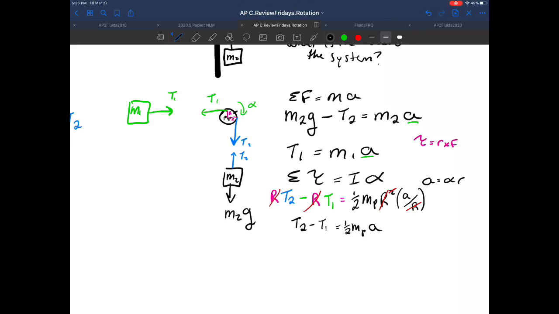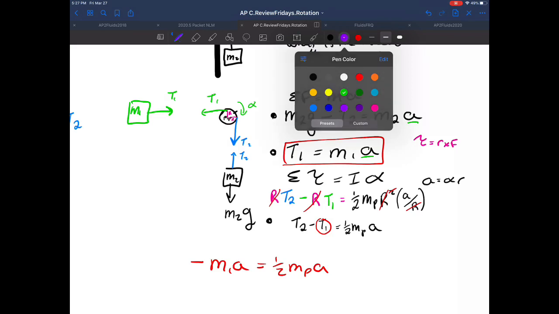And you'll notice that almost looks like a force expression, right? So now we have three equations, 1, 2, 3. Units make sense for both. So we can go ahead and solve this any way we like to find A. My suggestion is to solve for T1, T2, and sub it in. So we'll put in T1, and then we can go ahead and sub in T2.